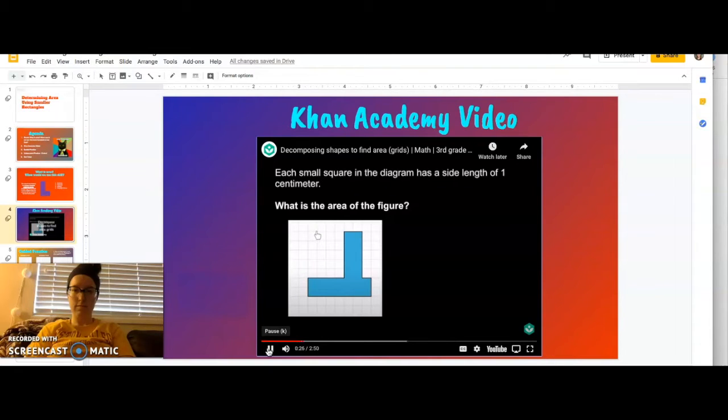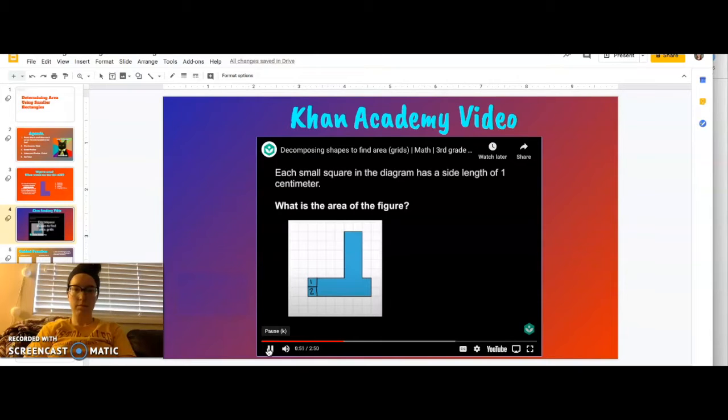So that means each of these squares is 1 square centimeter. So we can find the area by seeing how many square centimeters does this figure cover. One way would be just to try to draw the little square centimeters and count them. There's 1 square centimeter, there's 2, and so on, and keep counting them all the way through.